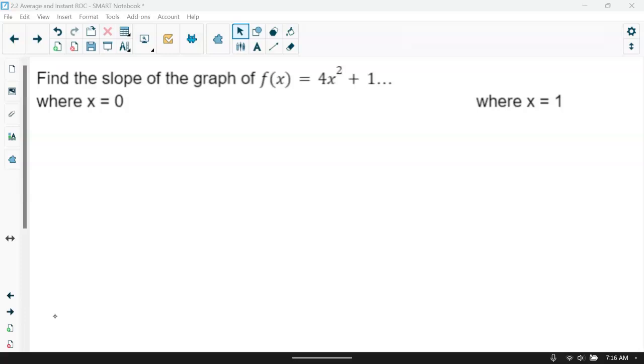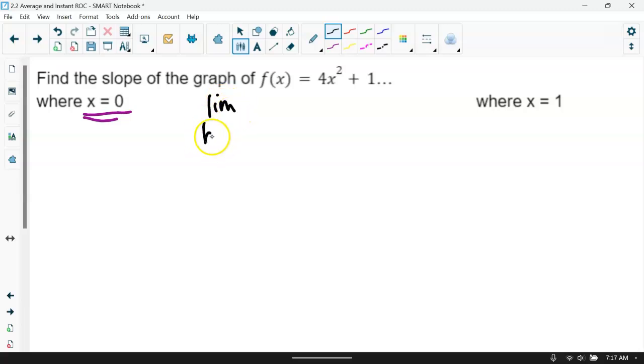So now I'm going to just show you another way we can go through this process. Instead of substituting our value of 0 at the end, substitute it with the function as we're simplifying. So again, we're focusing on the limit of our function as h approaches 0 of f of x plus h minus f of x over h. So here again, we're going to substitute our x plus h in for x.